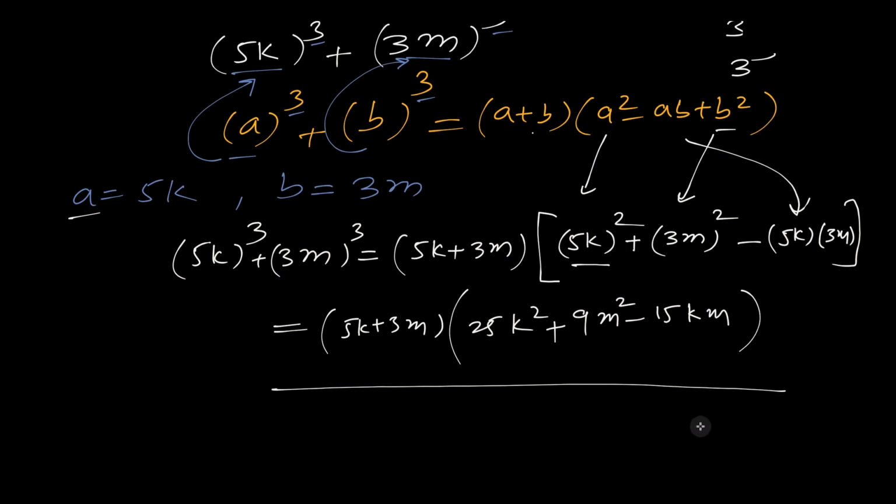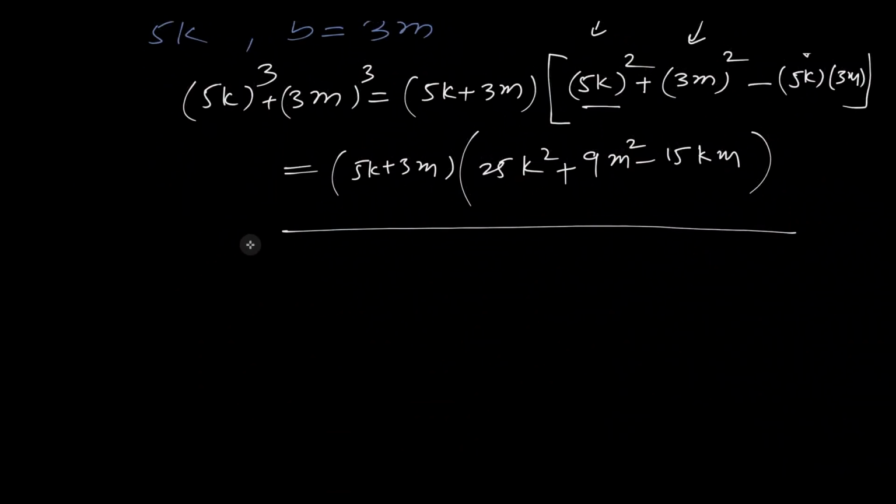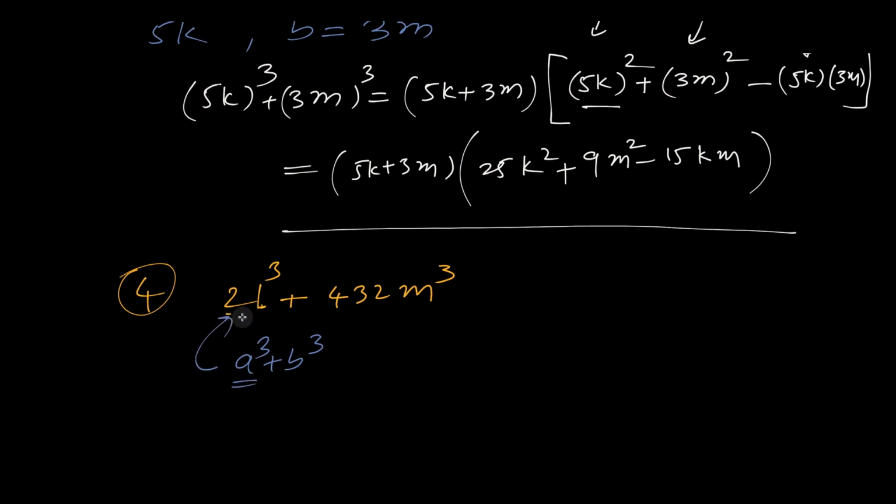Now we'll quickly take the next question. It is question number 4: 2l cube plus 432 m cube. This is a somewhat different question compared to the previous one because it is having 2l cube. Now, if you see, the format for the formula is a cube plus b cube, so we cannot find the value for a because 2 is not a perfect cube.